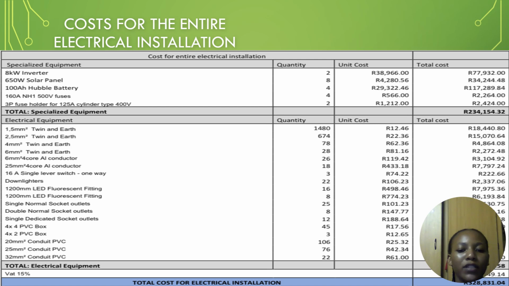This is basically the quotation that will be used in sourcing all these items. We have electrical and we have specific equipment that will also be used. With electrical, when electricity is already installed into the hospital, it is easier when you are coming in with the solar system. You're just going to install the solar system aligning with the electricity that is already in the building.